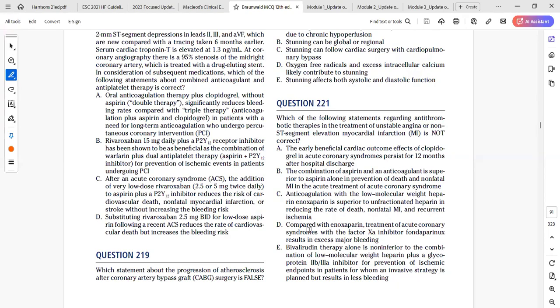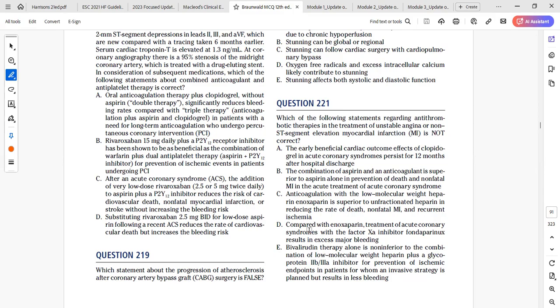The outcome of note was to check if any of them was inferior to the other in terms of bleeding outcomes. But it was not powered to check for ischemic outcome. So that's why option B is false.